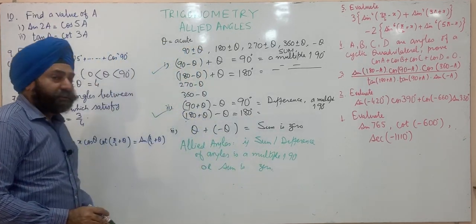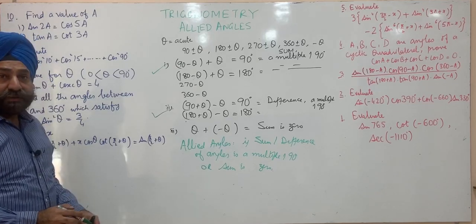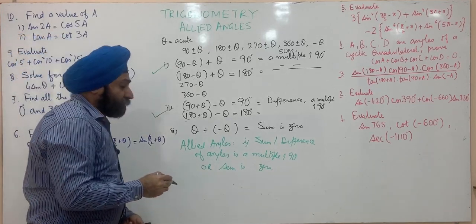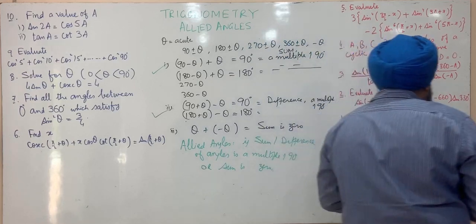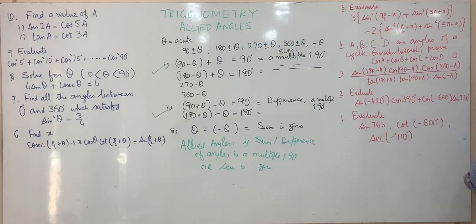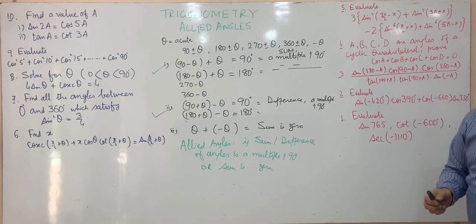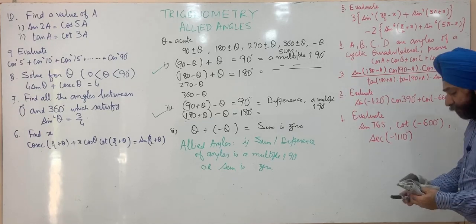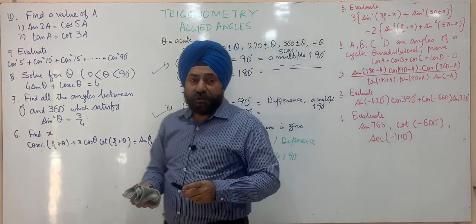So, this is the basic definition of allied angles. To find out trigonometric ratios of allied angles, we need to understand rules. So, let us go to rules.